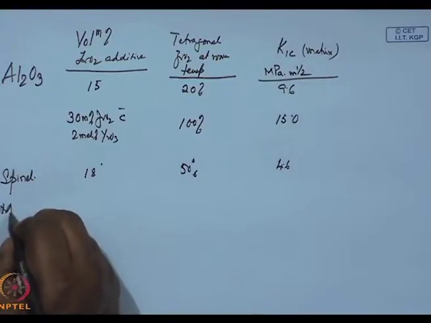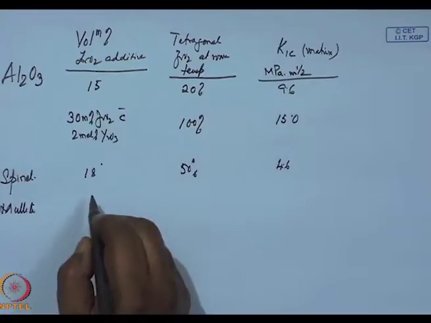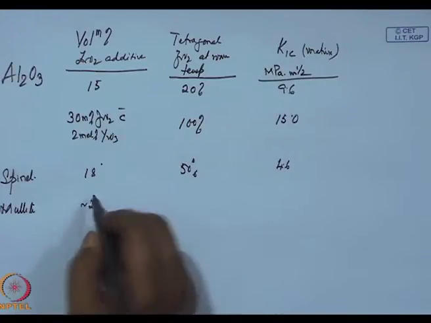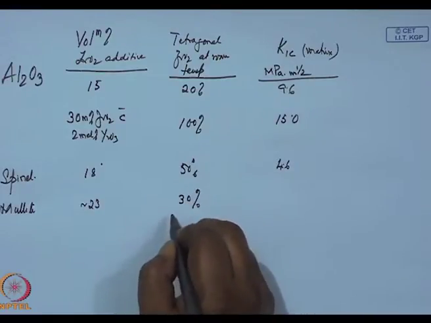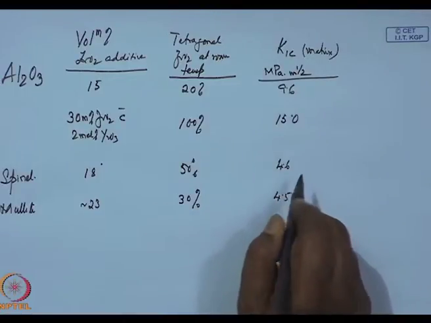It has been used in mullite matrix also, about 23%. The percentage of tetragonal zirconia is 30% and the strength is about 4.5.